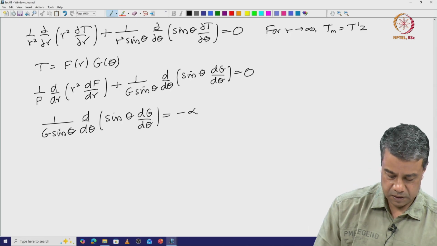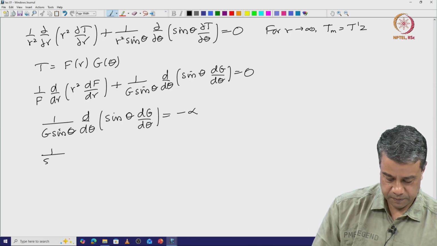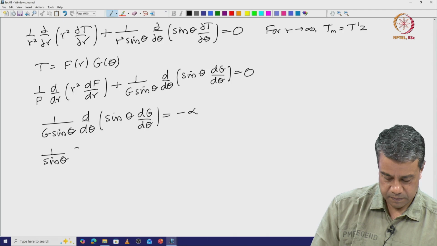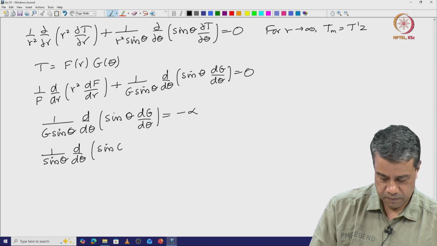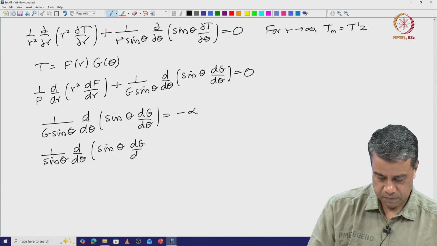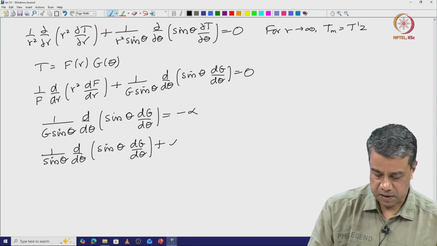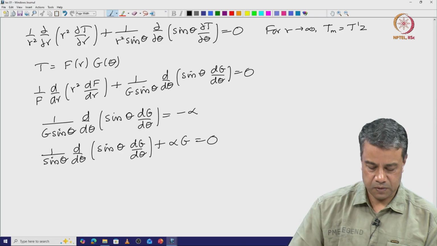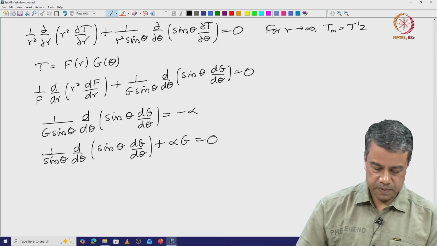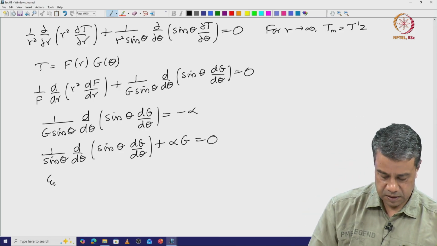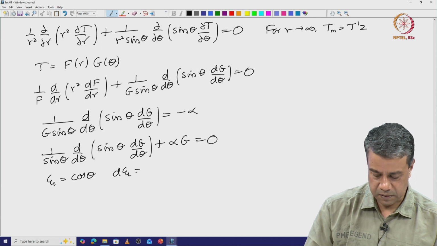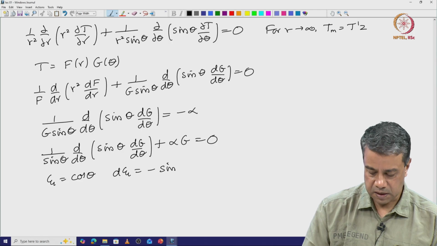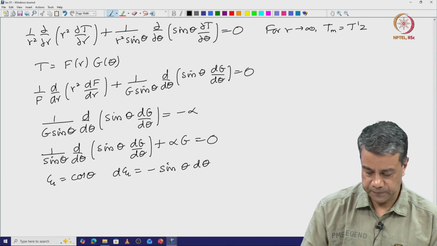Therefore, I got plus alpha times g, this was equal to 0. Substituted psi is equal to cos theta and d psi is equal to minus sin theta d theta.